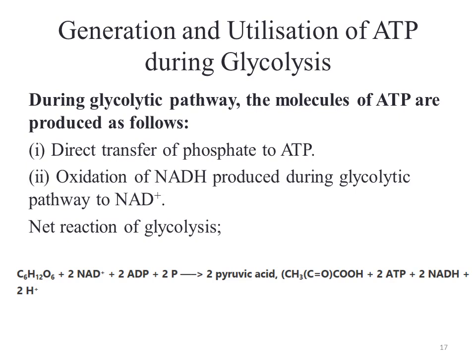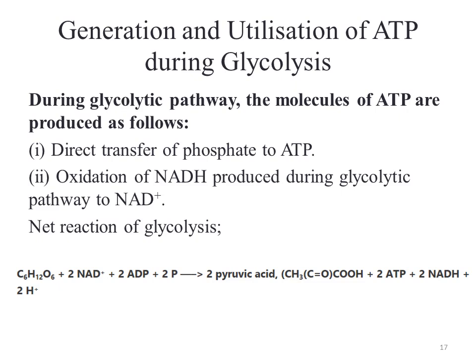So, generation and utilization of ATP during the glycolytic pathway: the molecules of ATP are produced as follows. There are two ways. One is the direct transfer of phosphate to ATP, and the other one is the oxidation of NADH produced during the glycolytic pathway to NAD+.